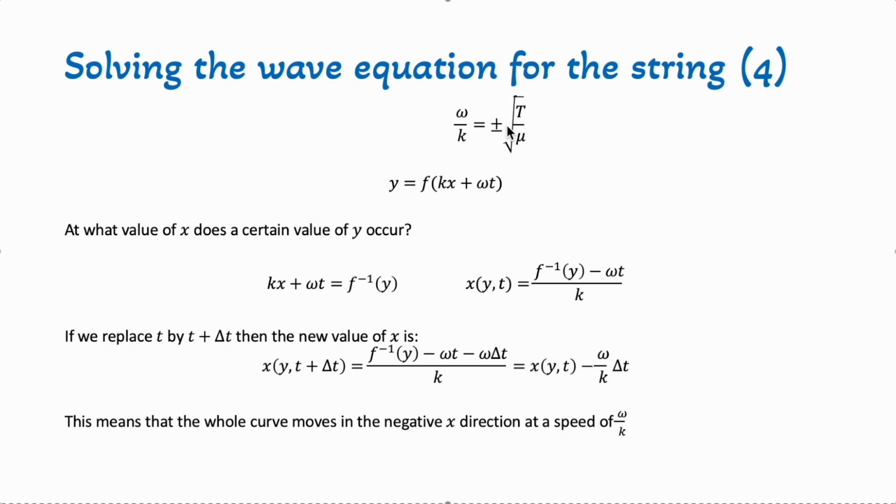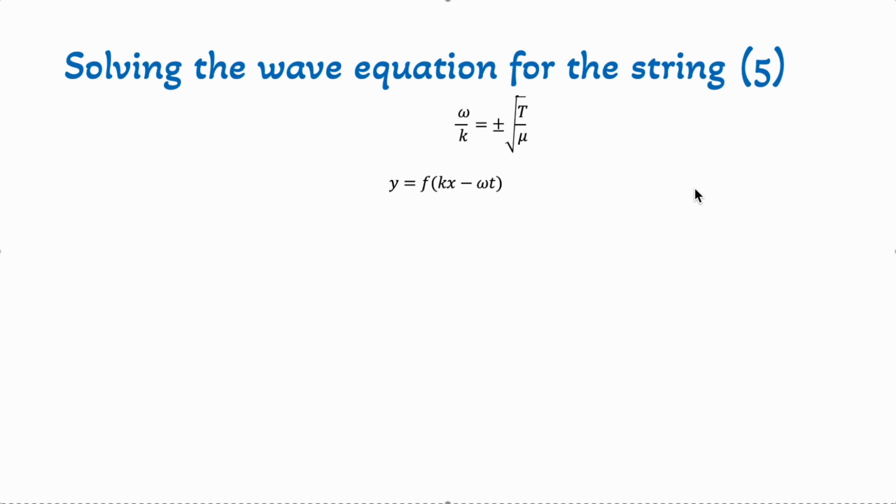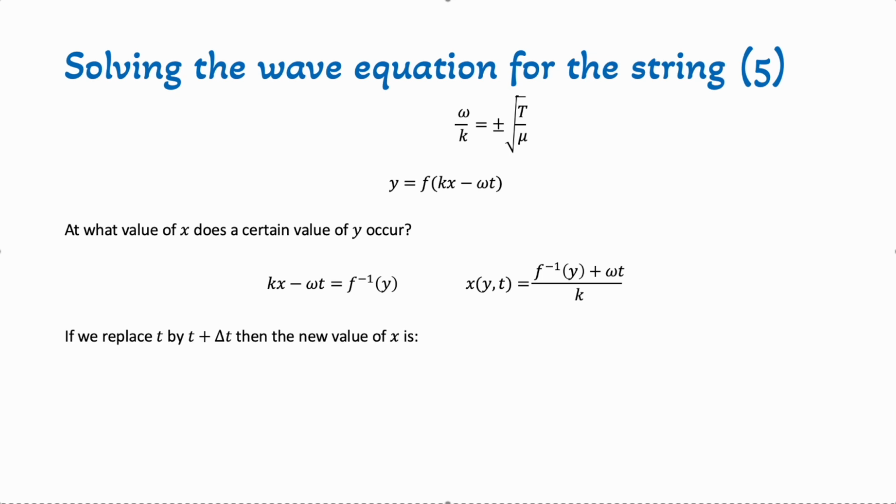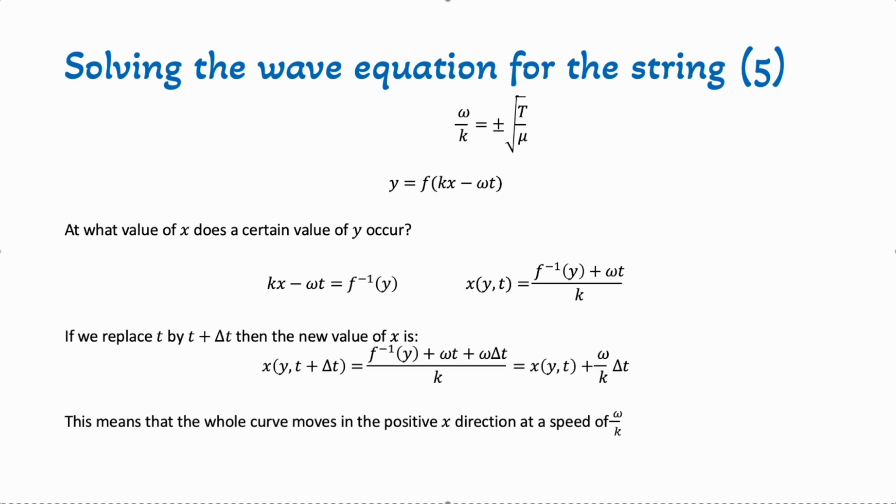So it can also move at the same speed in the positive x direction. So in other words, instead of y being f of kx plus omega t, if we think of k and omega as being positive, we say that y is f of kx minus omega t instead. Then we do the same thing and we find that the whole curve moves in the positive direction at a speed of omega over k. We're making great progress here.